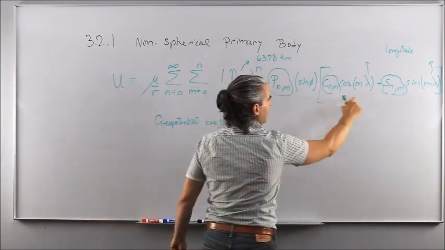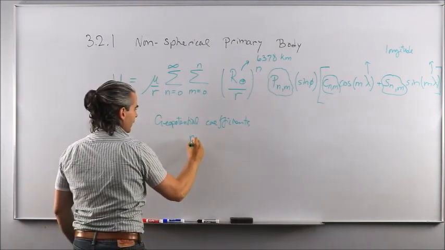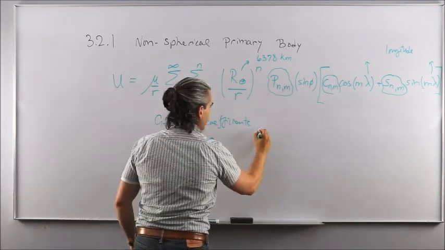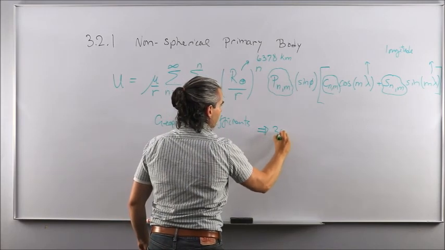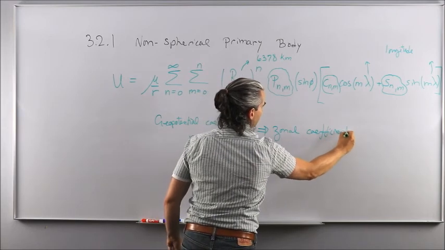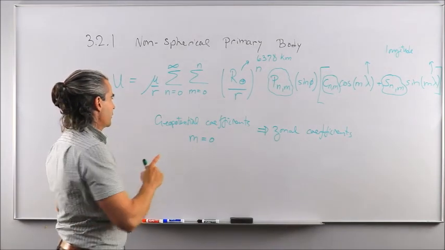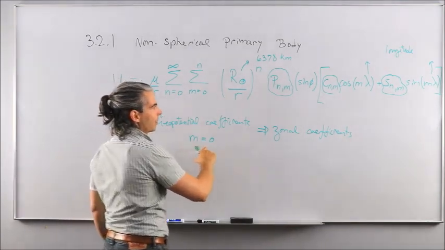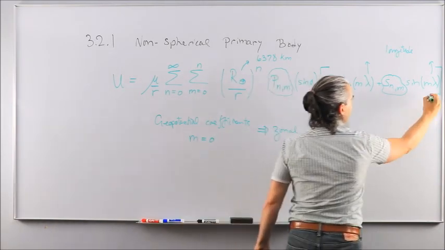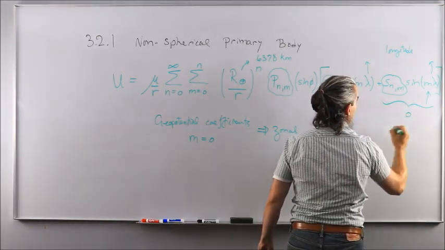That are C_nm and S_nm. So whenever we look at those coefficients and we look at the order equal to 0, then we're going to refer to those as zonal coefficients. Right? Because whenever we plug m equal to 0 in those geopotential coefficients here, we're going to get sine of 0, which turns this to 0.